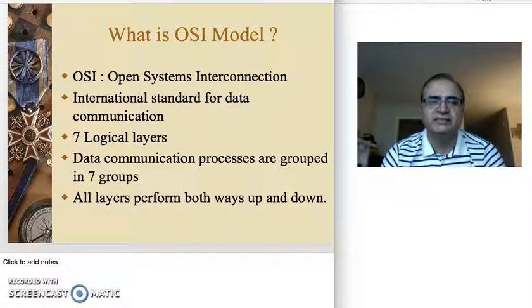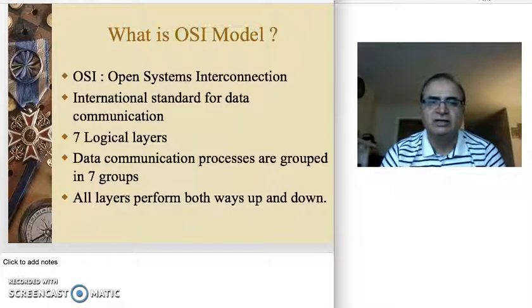In these layers, the system has been divided into 7 different groups on the basis of functions. Similar functions are considered in one group. Then the data communication processes are grouped in 7 groups.